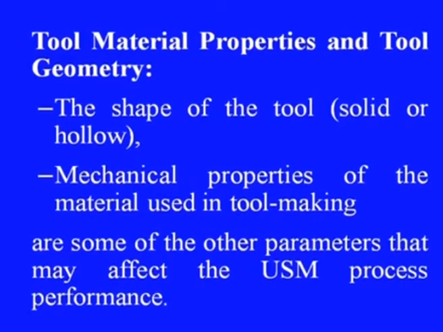Then let us see the tool material properties and the tool geometry. The shape of the tool, whether it is a solid tool or a hollow tool, in both cases the performance will be different. The hollow tool will tend to get worn out very fast, whereas the solid tool will give better tool life as far as wear is concerned.